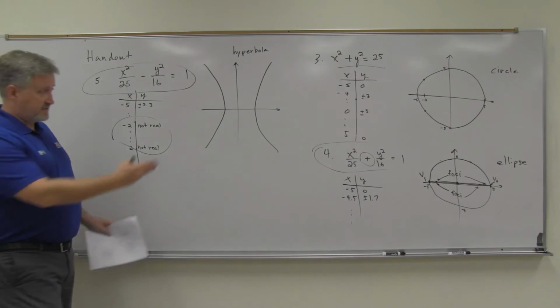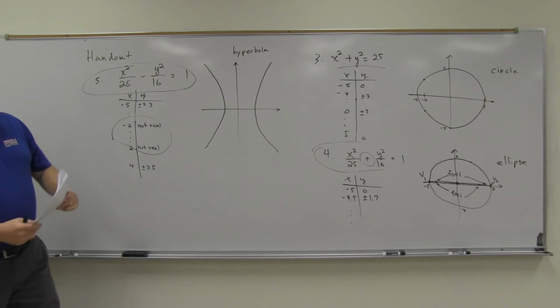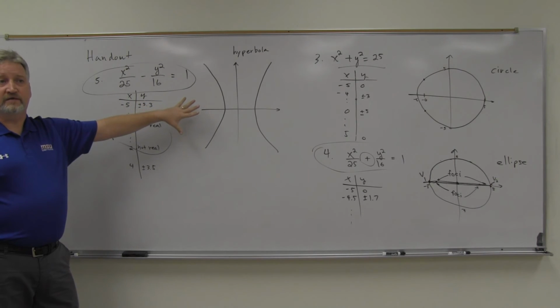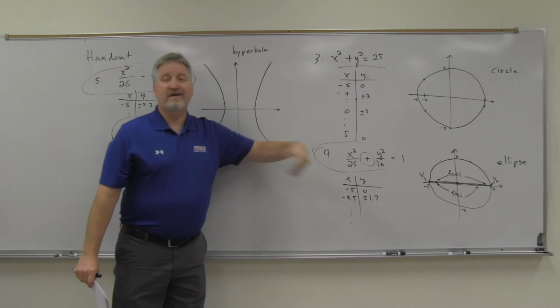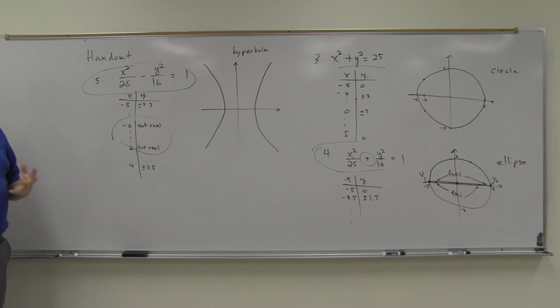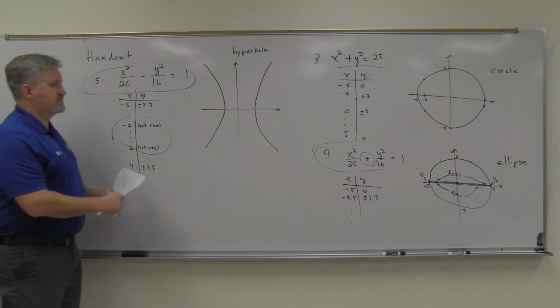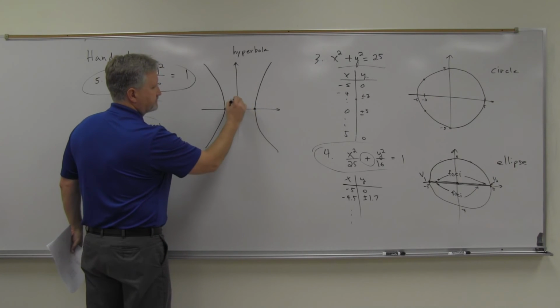If it's set up like this, equals 1, x squared and y squared on the same side, and you have a minus between the two, that's a hyperbola. Whereas if you have a plus between the two, that's generally going to give you an ellipse. All right, so that's pretty easy, right? Not too bad. What I mentioned also on this one is the foci, or the vertices first.